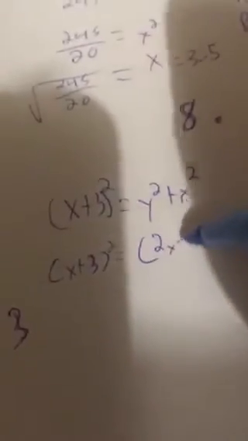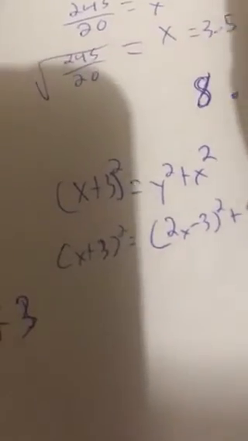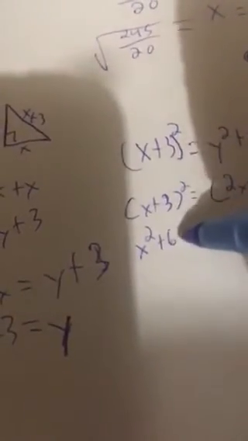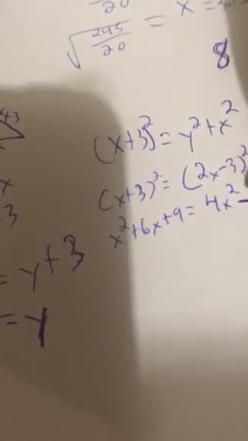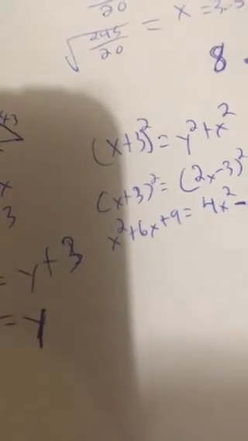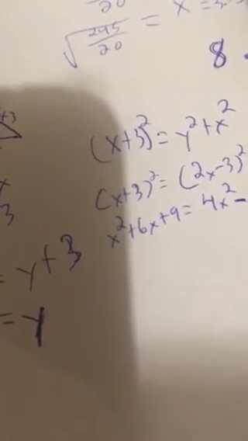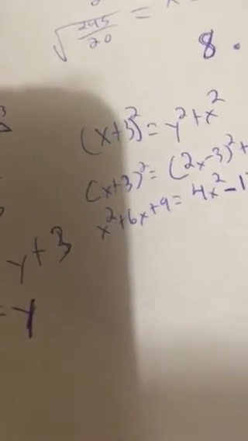So x plus 3 squared equals, parenthesis, y was 2x minus 3, 2x minus 3 squared plus x squared. I need to do some math. I need to do some algebra. X squared plus 6x plus 9 equals 4x squared minus 12x plus 9 plus x squared.